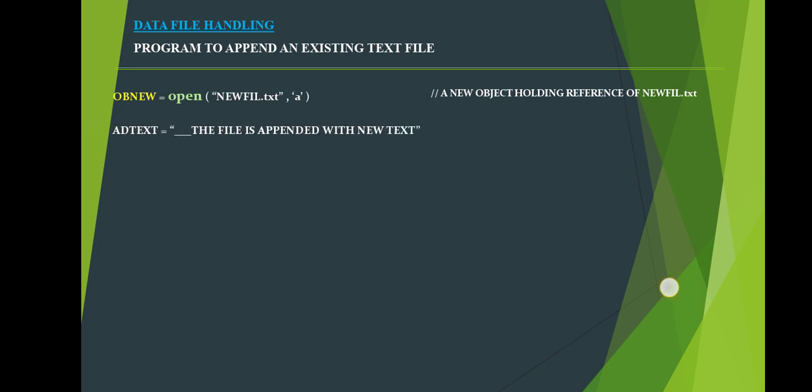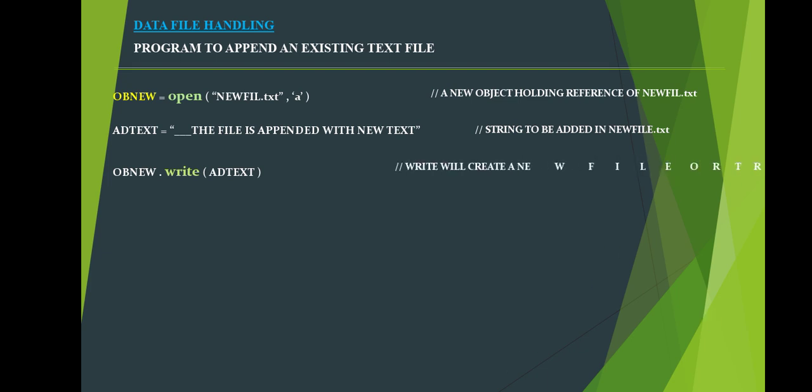Next, let's retrieve the data content which has to be written as new or appended in the file. The string name is add text, and its value is the string: the file is appended with new text. Now we wish to write it into the file, so we'll call the write function with the help of the ob new object and pass add text as argument.